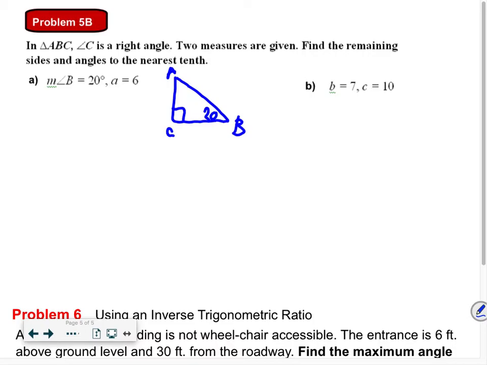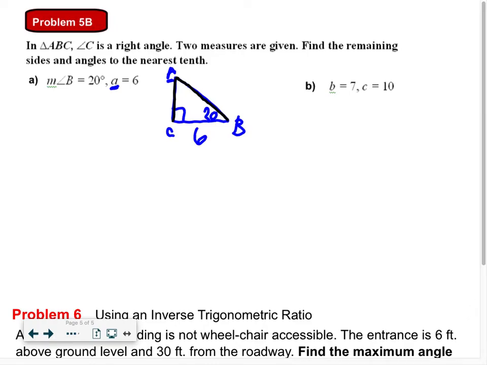Now, side letters always correspond to opposites. So opposite my angle A is my side little a, which is 6. This side right here would be little b, this side right here would be little c. So always opposite our angles.